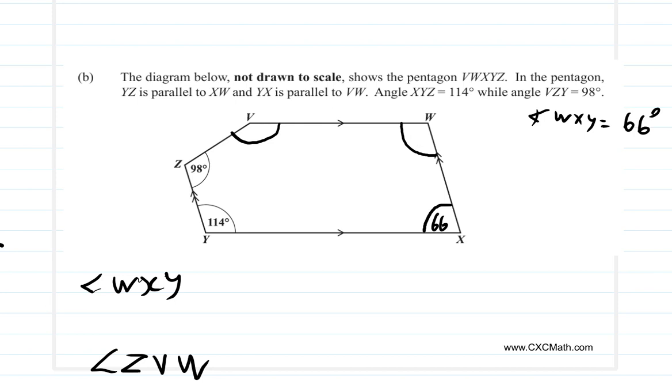Let us extend these lines. Suppose I extend VW here and XW here, like that. Now, the thing is this. I would be able to find out what this angle is. What do you think the angle is? Look at this. See that?